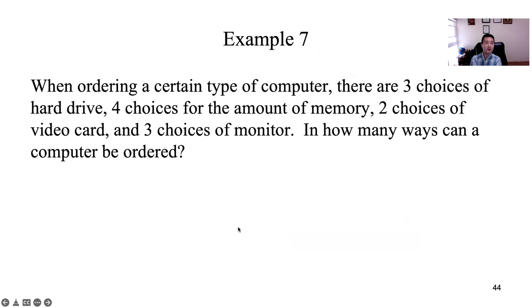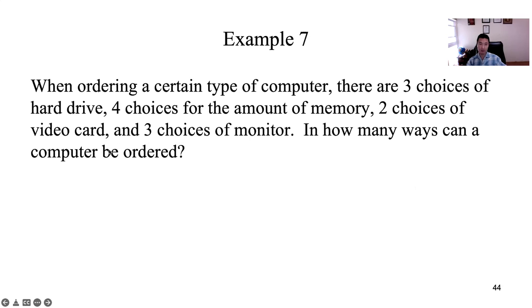Another example. When ordering a certain type of computer, there are 3 choices for hard drive, 4 choices for memory, 2 choices for video card, and 3 choices for monitor. How many ways can a computer be ordered? We think of ordering a computer as the experiment. To finish that experiment, we have 4 steps. The first step, we choose a hard drive.